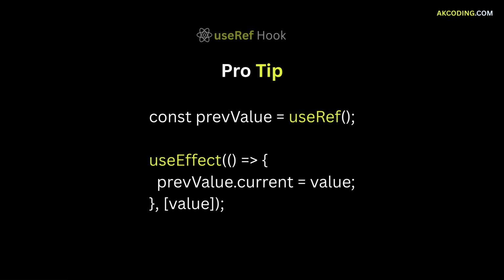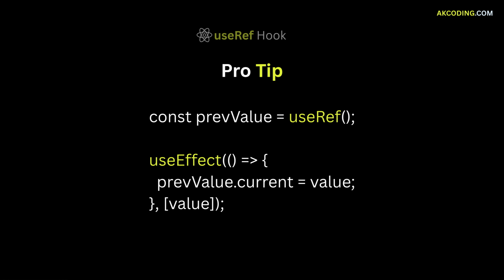Here is a real-world tip. You can combine useRef and useState in custom hooks. You can track your previous state using useRef. Here is a simple example. const previousValue = useRef().